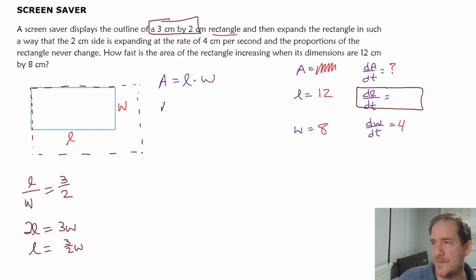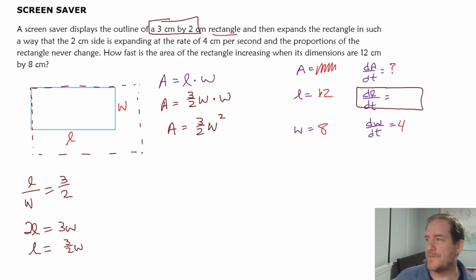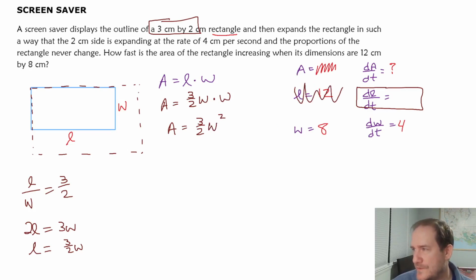That allows me to come up here and replace L with 3/2 of W, which times W gives me the equation A equals 3/2 times W squared. Now the only variables I need to care about are A and W, which means length can be a distant memory. We know that we don't need the area. We've got W and dW/dt, and we want to find dA/dt, so we're good to go.